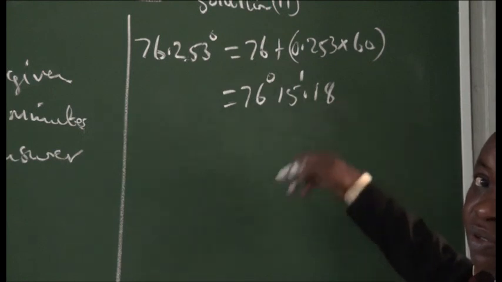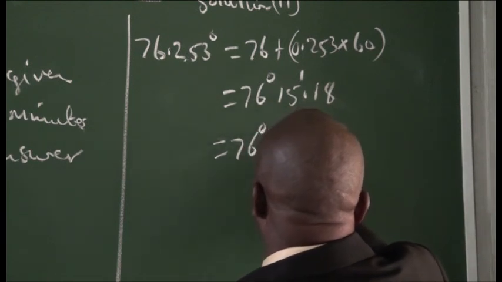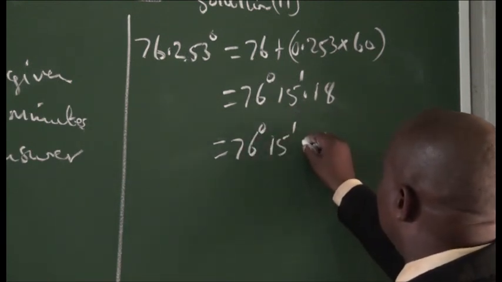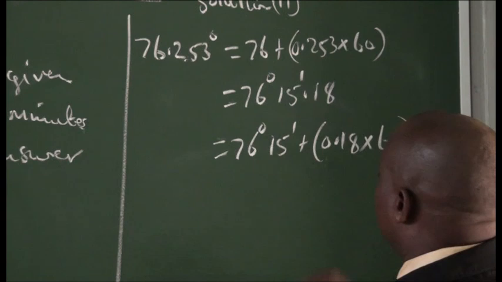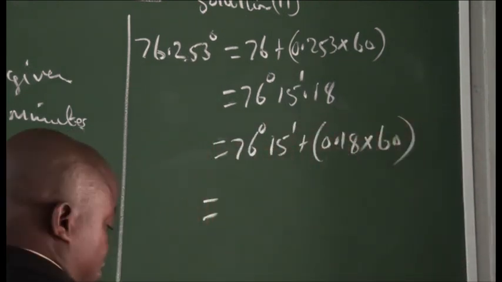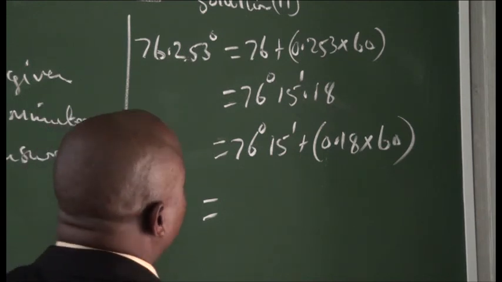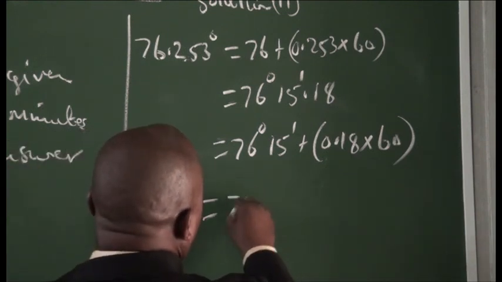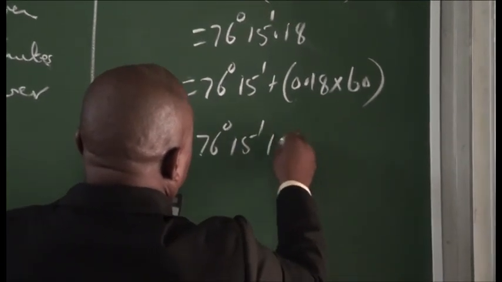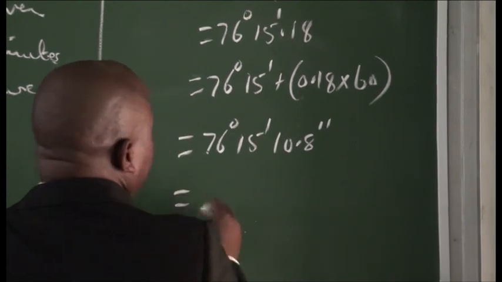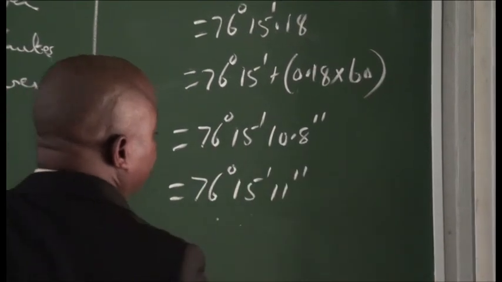For the seconds, we go again: 0.18 times 60 gives me 10.8. So we have 76 degrees 15 minutes, then 10.8 seconds. If I take it to the nearest second, I will have 76 degrees 15 minutes 11 seconds.